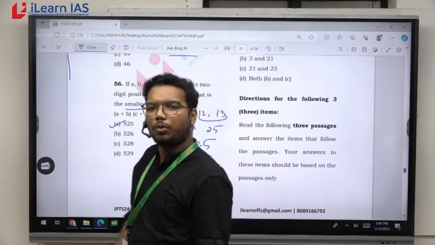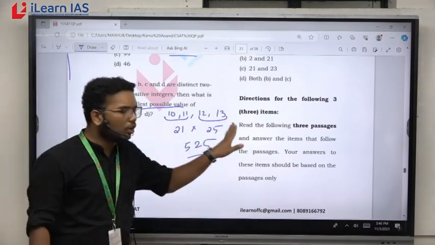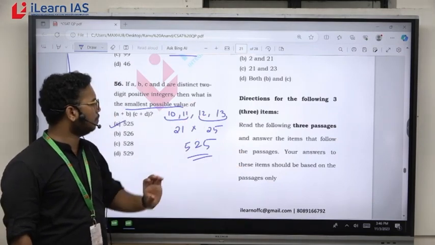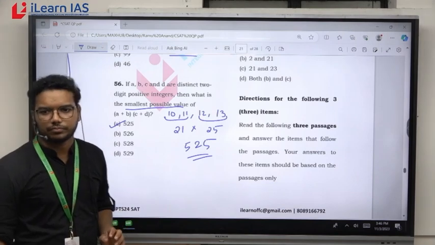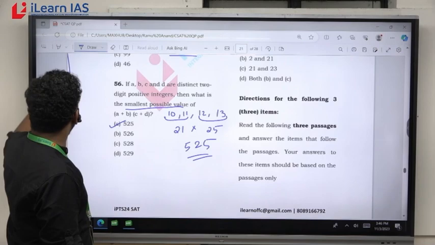So, to find the smallest number, write the numbers in increasing order and club the two numbers in the increasing order itself. Next.